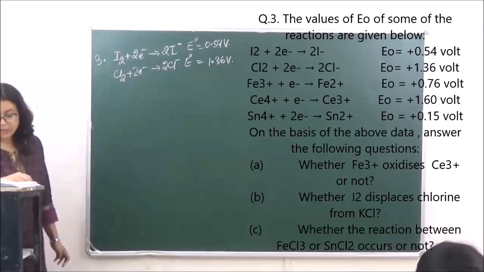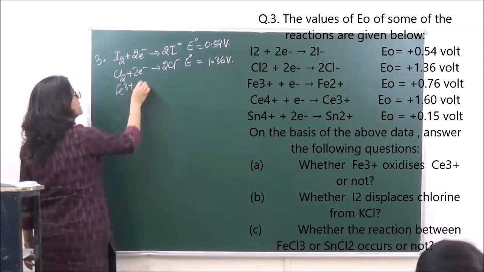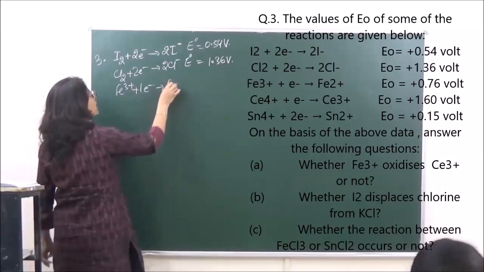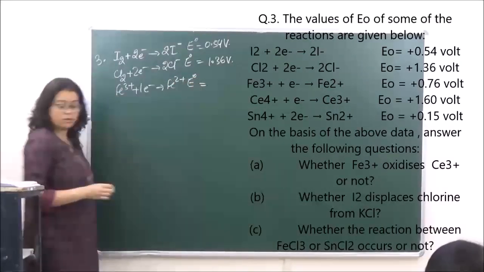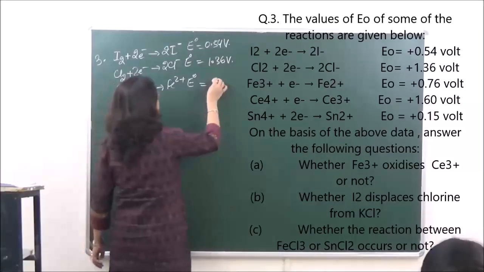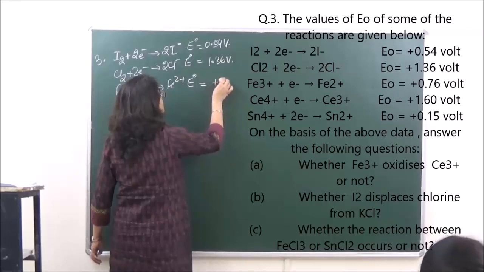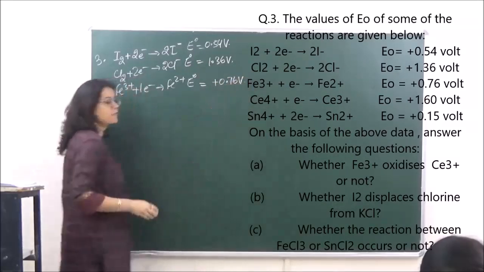The third reaction is Fe3+ plus 1 electron to give us Fe2+, and the E0 value is plus 0.76 volt.